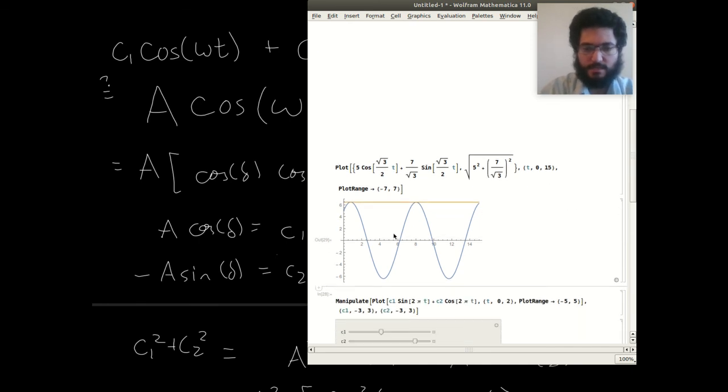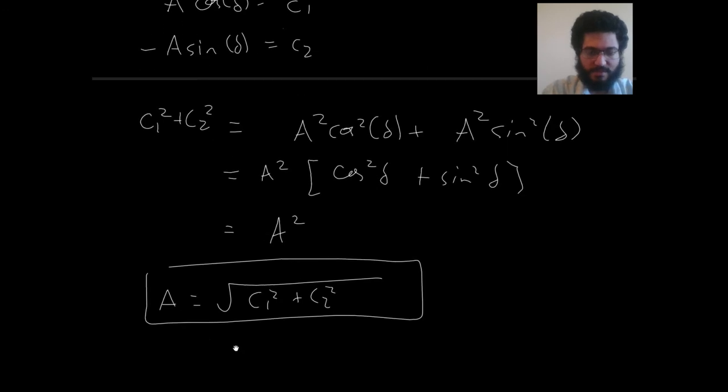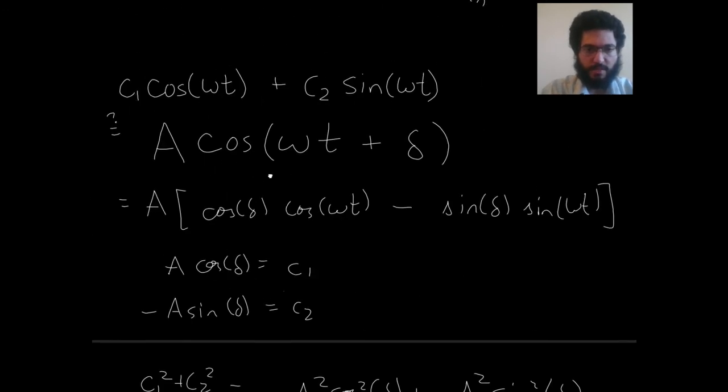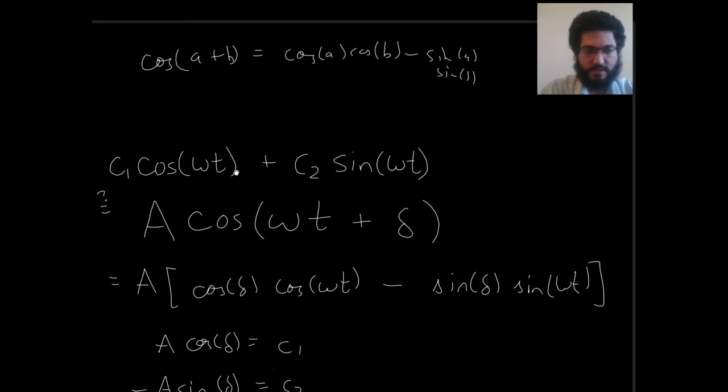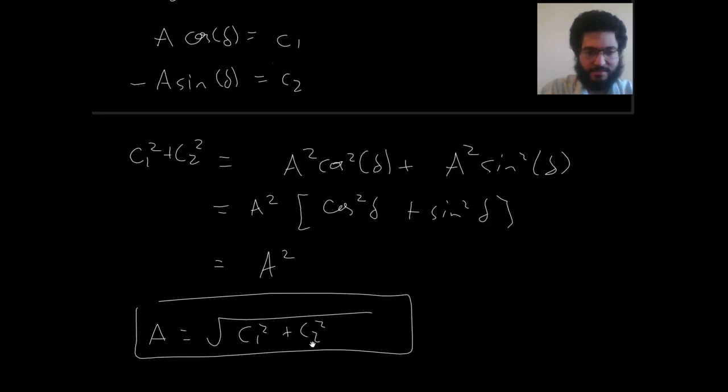And let's see. That's perfect. So apparently whatever this number is, that is the amplitude of this thing here. Great. So we answered one of our questions. Given this thing, the amplitude is this.